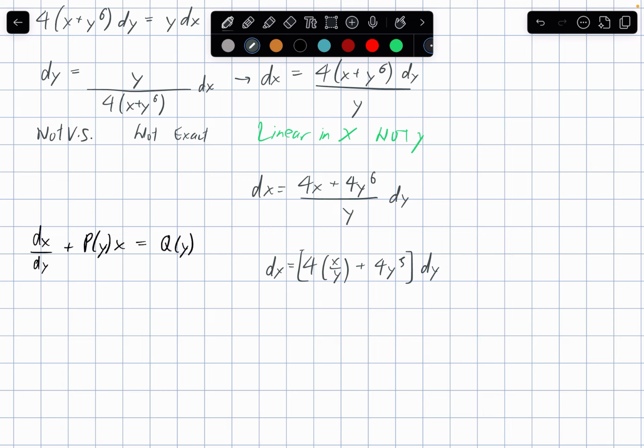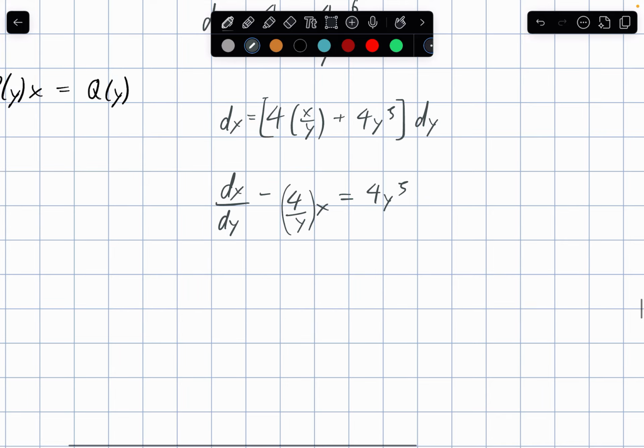So let's show that. Move this to the left side, and then for y raised to 5. Okay, so this is linear in x for sure, because we had trouble solving it a while ago when we thought that it was linear in y.